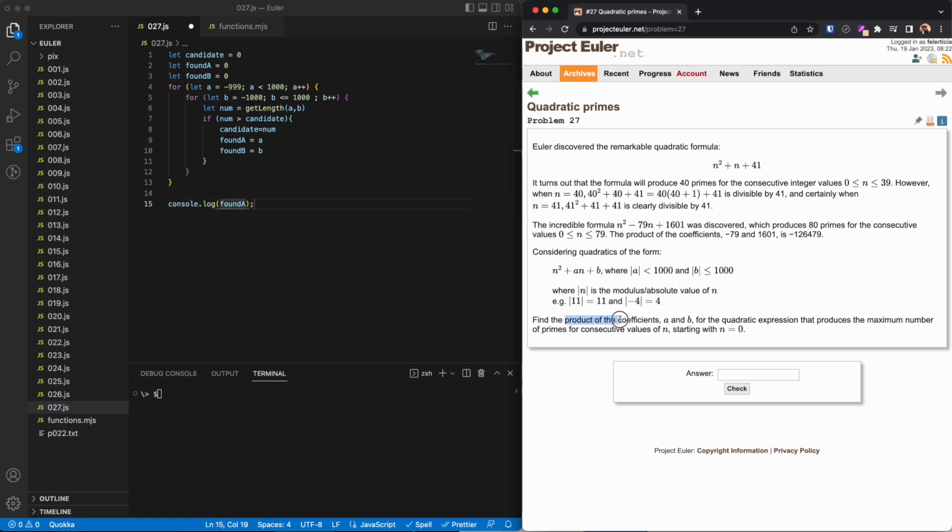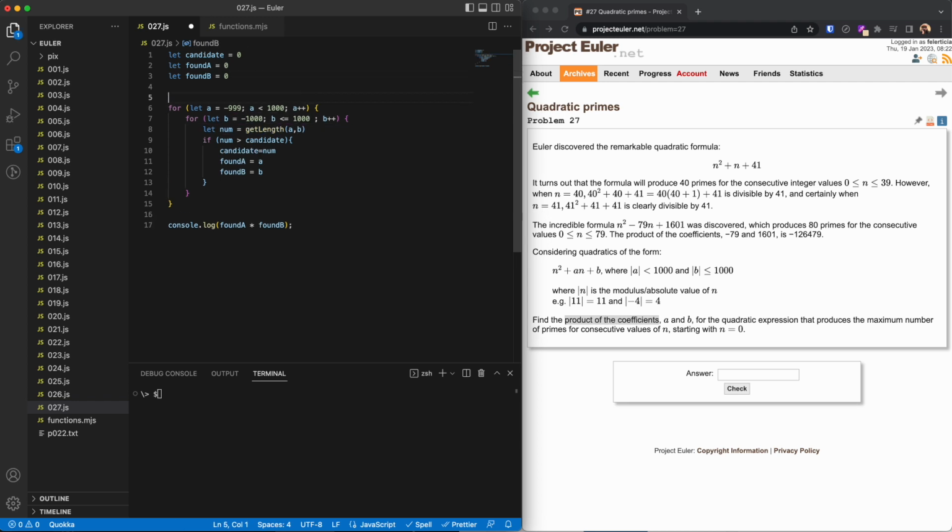So I need the product of the coefficients. So right, found a times found b. So like this. Now I need to get the length of these two values. So let's write that function.